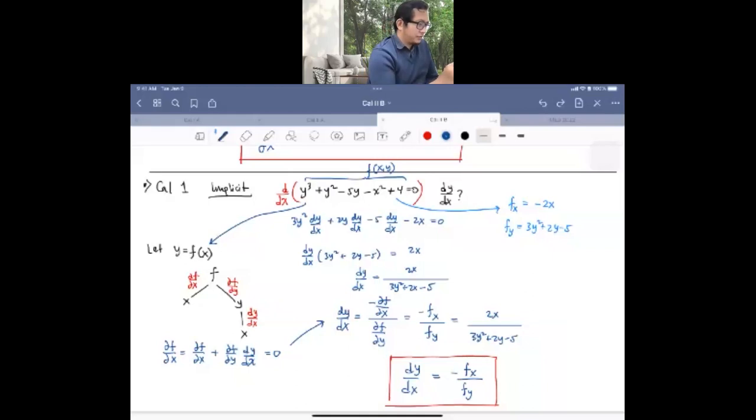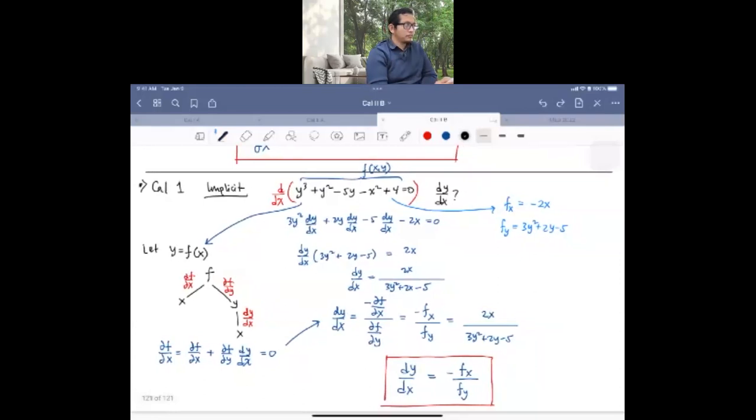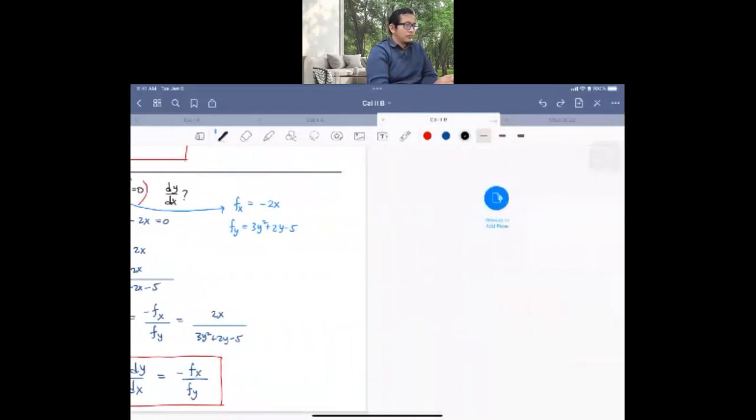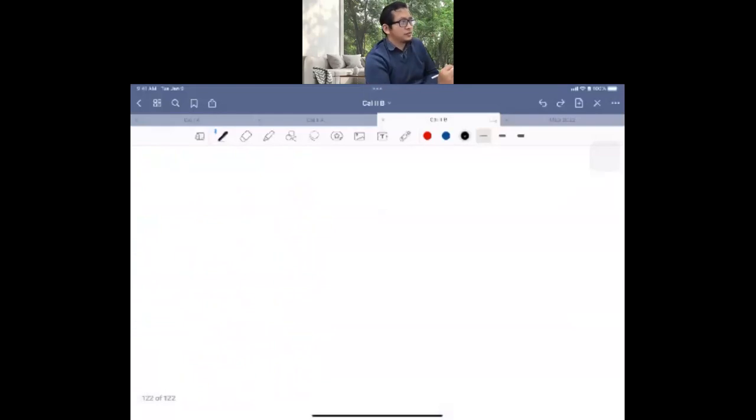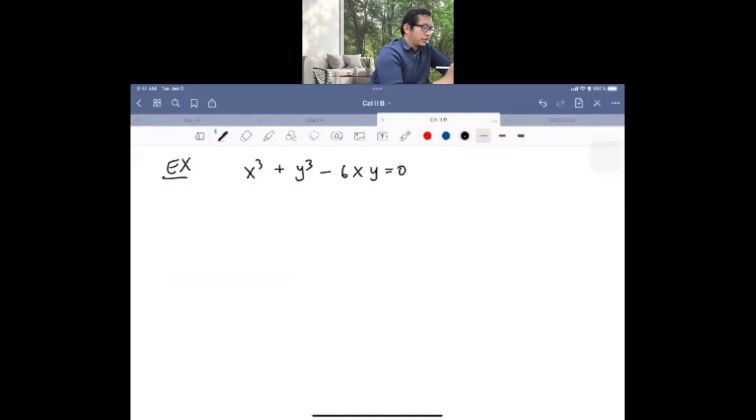Okay, let me move to next page. Now if we have functions, let me give you an example. If we have a function x cubed plus y cubed minus 6xy equals 0, we want to find dy over dx.